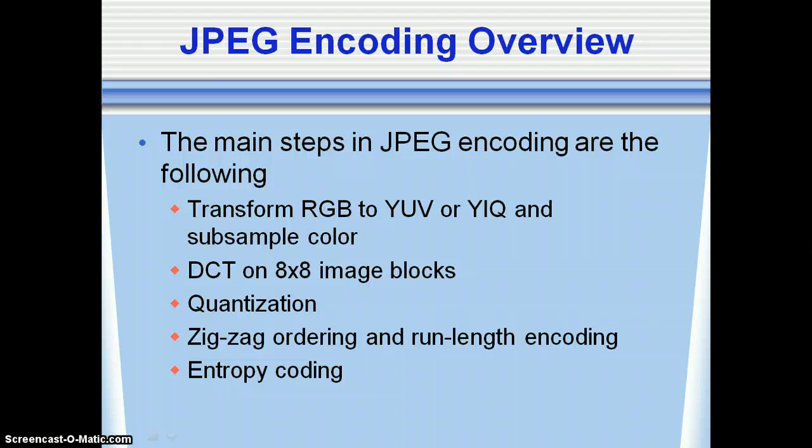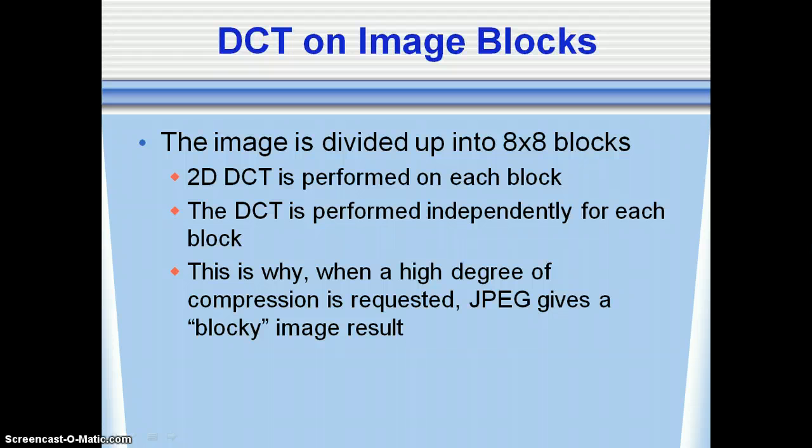The main steps in JPEG encoding are the following: transform RGB to YUV or YIQ and subsample color, DCT on 8 by 8 image blocks, quantization, zigzag ordering and run length encoding, and entropy coding. Now, DCT on image blocks.